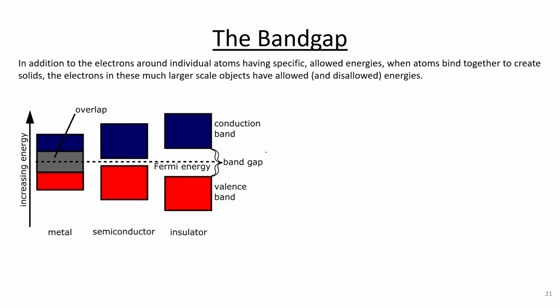So if you're thinking about the energies of all of these electrons bound to these atoms, and remember, the energies correspond essentially to how closely bonded these electrons are to the atom. If you're looking at that, let's for a moment concentrate on this part of the diagram.